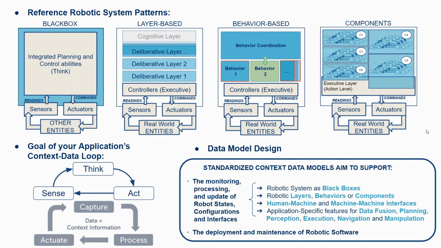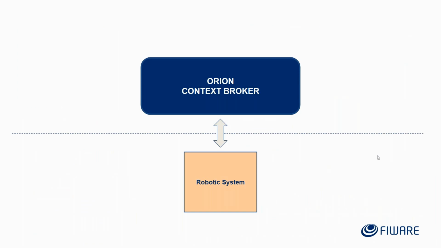We know that we need to standardize our data model, and we already said that data model can be developed as a set of black boxes, layers, behaviors, or very specific components, and we must think about our application loop, how the robot is going to interact with these pictures of the real world and can exploit the information contained in it to make better decisions.